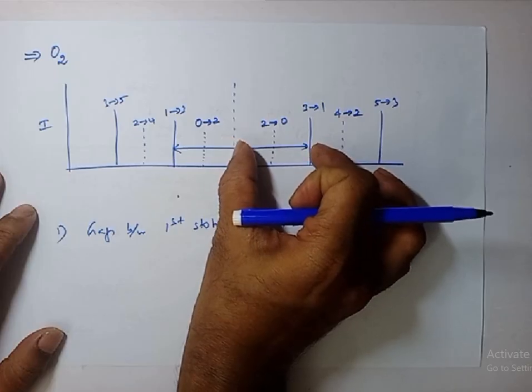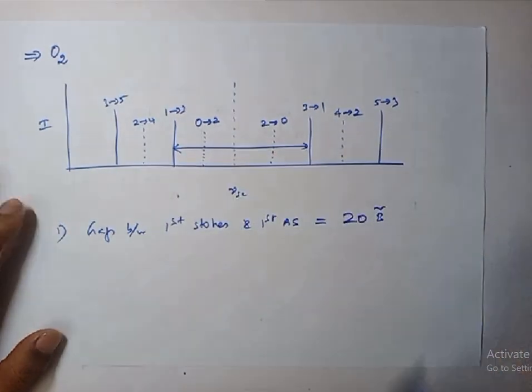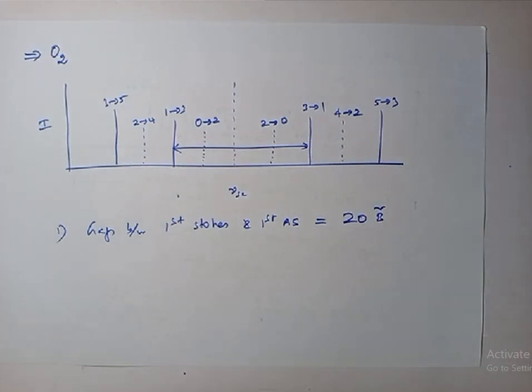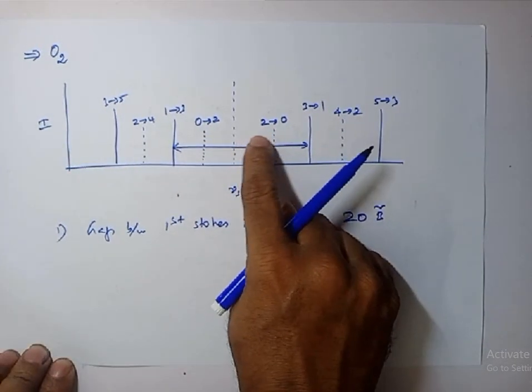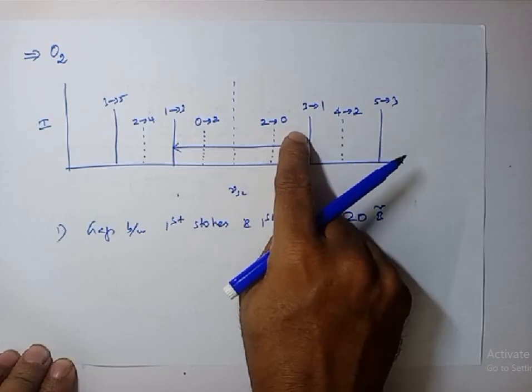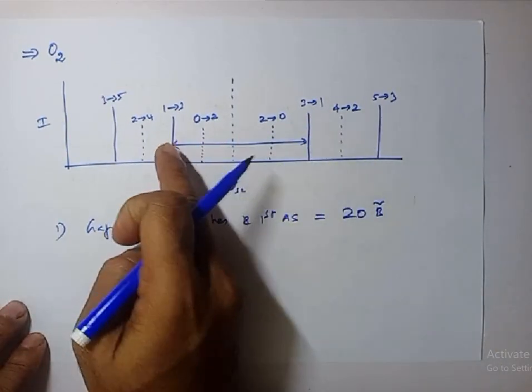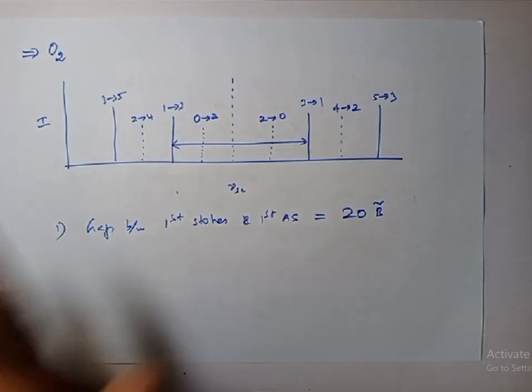Now this is 10B and this is also 10B. It should be equal to 20B. Suppose this line appears here, this gap is 6B and the gap between adjacent lines is 4B. So 6B plus 4B is 10B on this side and 10B on this side, so totally 20B, correct? Is this clear to all?